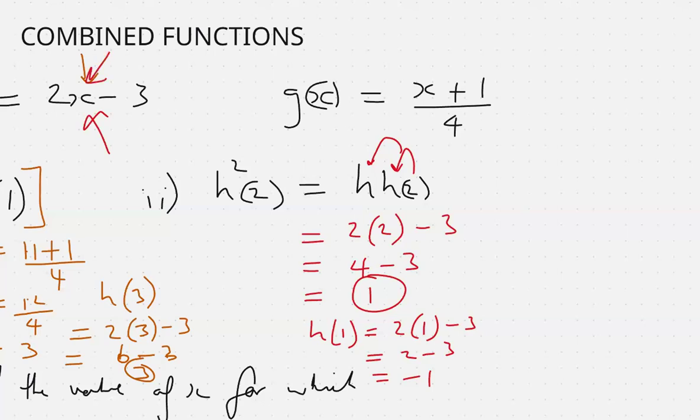Yes, correct. The h squared is just another way of writing the function. I could have just written what is h of h of 2. Okay, I see it. So basically, if you put the 2 where the x is, you're putting the 2 into the function. Correct.